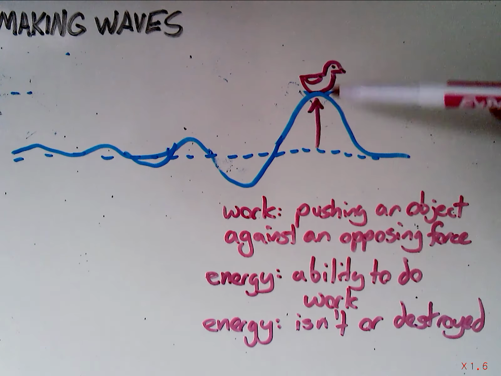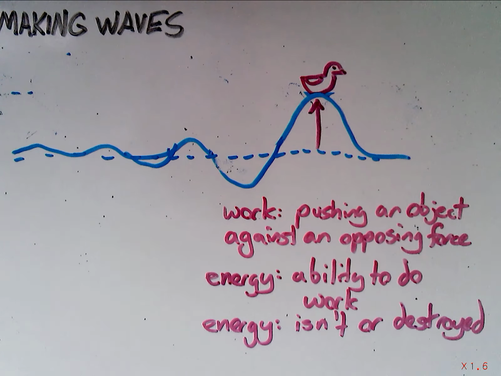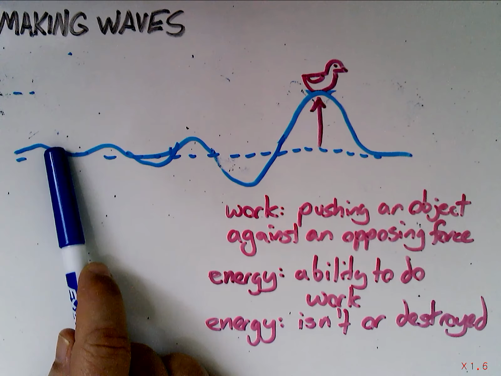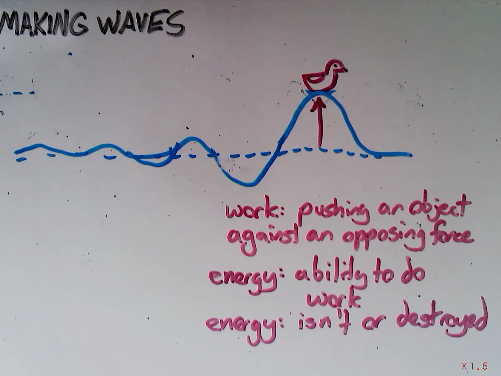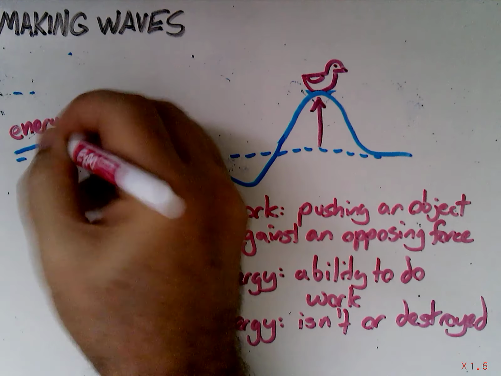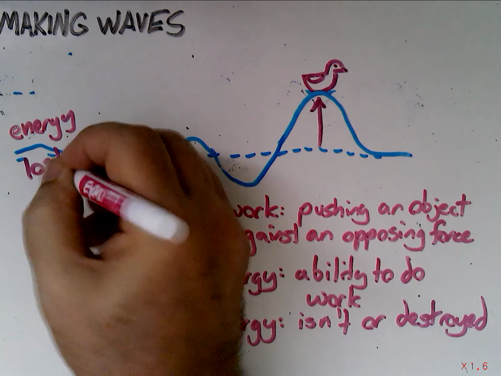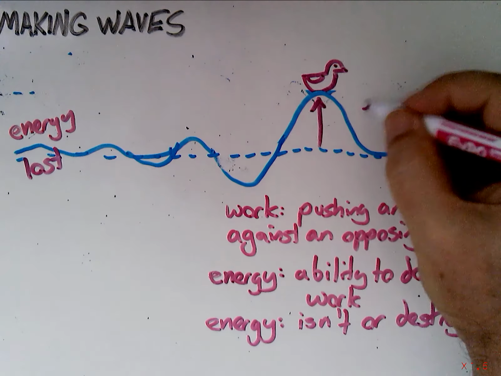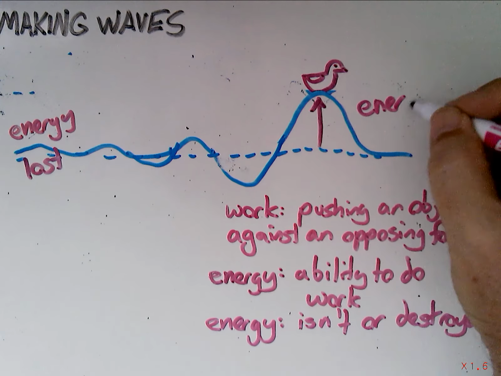The duck is gaining energy here, and something else is losing energy. Now, what's losing energy? It was the source of the disturbance. So energy is lost here, and energy is gained here, where you're receiving.